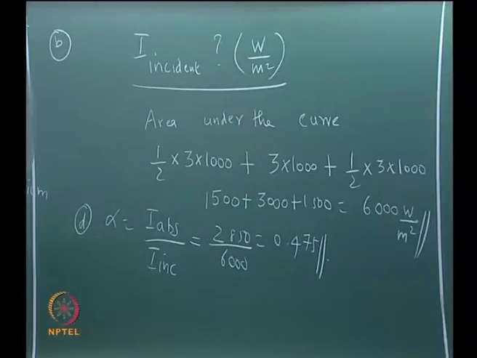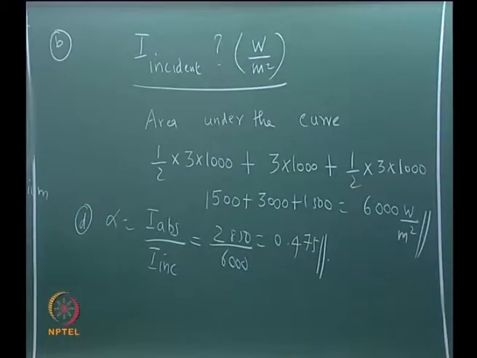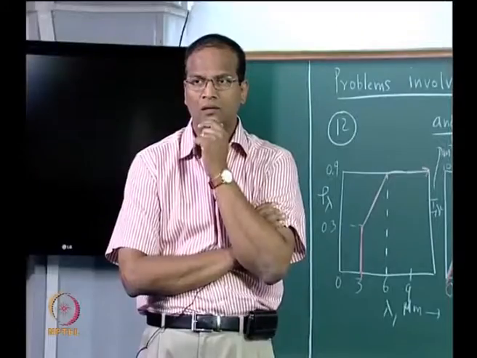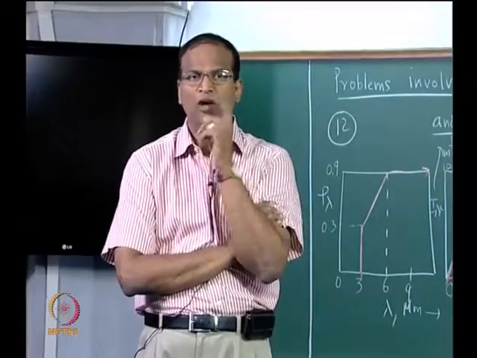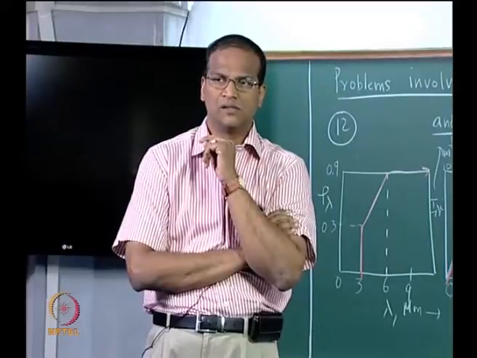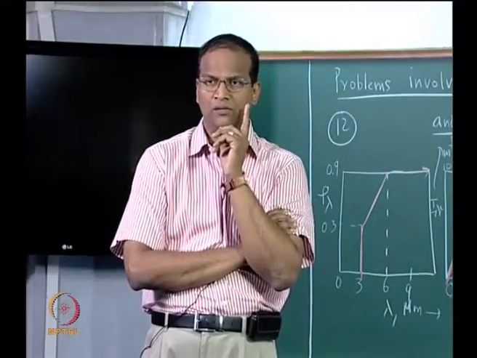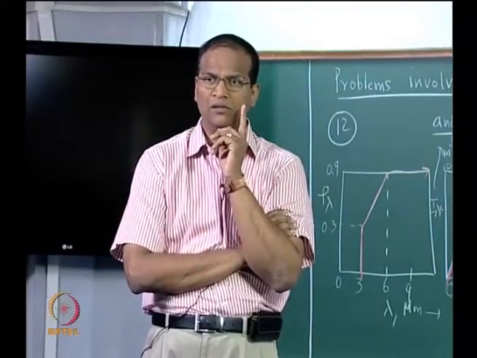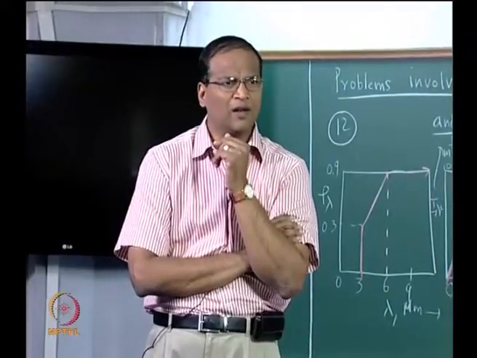Okay. So this gives you a good idea how to convert the spectral into total quantities with I lambda given. But if you want to calculate epsilon lambda for this surface, is the data which I have given enough?